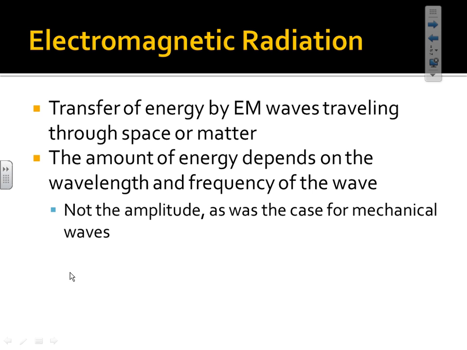Another difference is how we determine how much energy they carry. For mechanical waves, the amount of energy they carry is related to their amplitude. The amplitude of the wave is directly related to how much energy it carries. Not so with electromagnetic radiation. The amount of energy that an electromagnetic wave carries is based on its frequency and wavelength, which we said were two interrelated concepts.